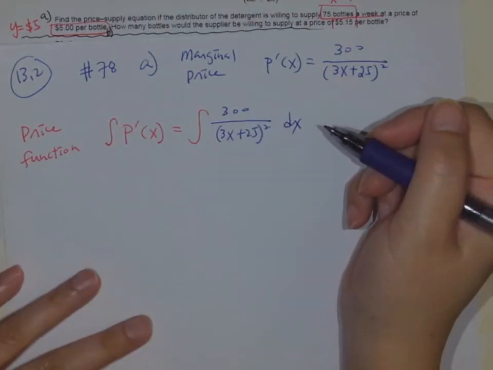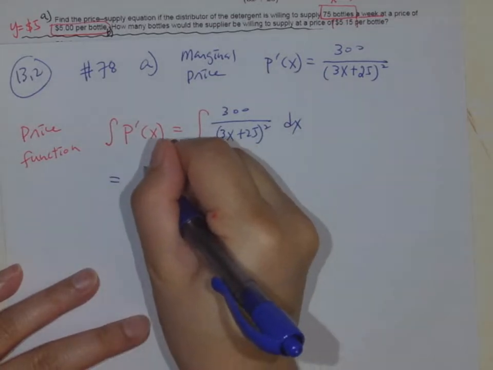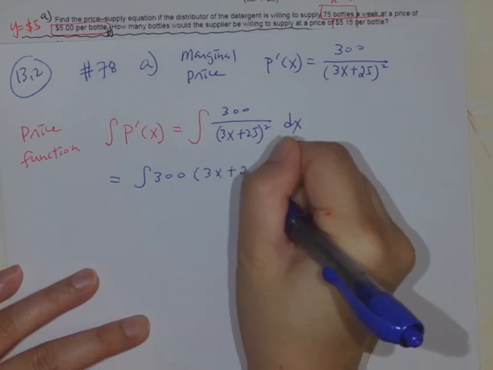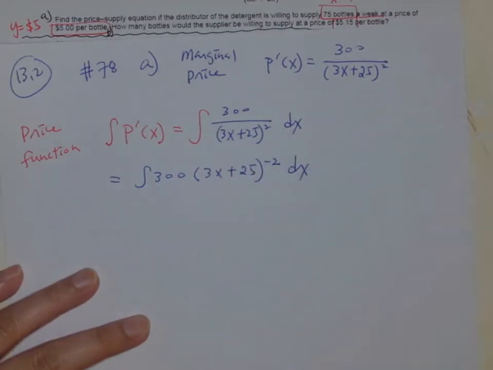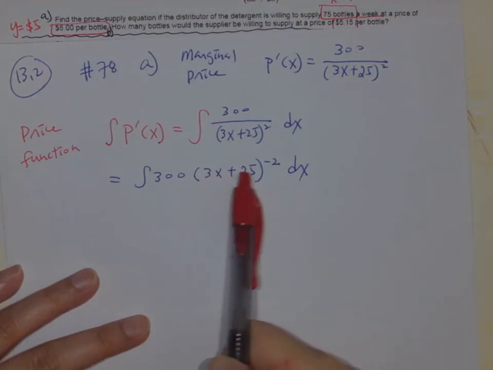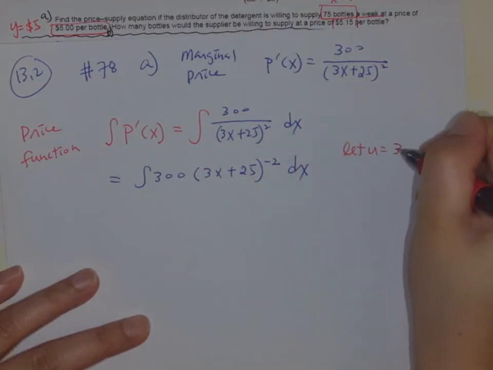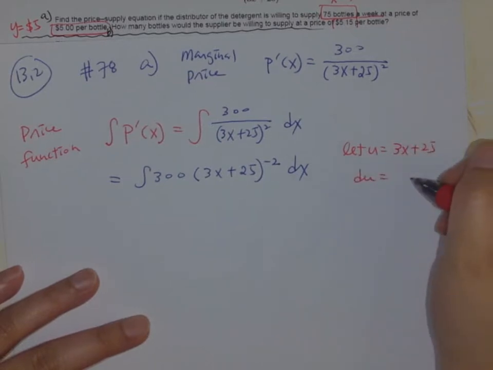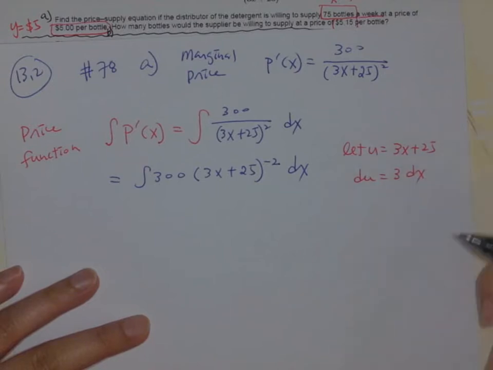Okay, so I can rewrite that as integral of 300 times 3x plus 25 raised to -2 power dx, right? So the inside part with the power is my u. Let u equal to 3x plus 25. du is going to be just 3 dx.